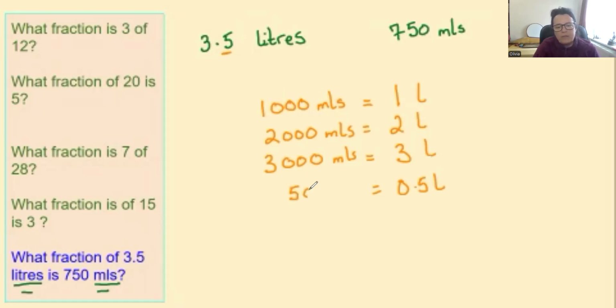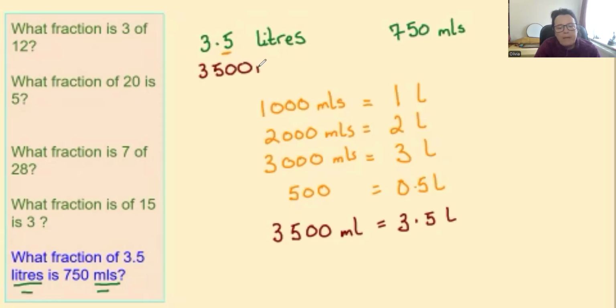It's going to be 500. So altogether, 3.5 liters is going to be 3,500 milliliters. So I'm going to change this here. That is 3,500 milliliters. And I'll make some space here by rubbing this out.